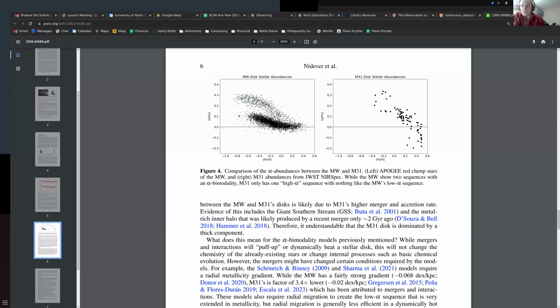We say it has a low level of star formation or an inactive star formation history. On the other hand, the high alpha sequence happens because you get a very sudden burst of star formation with not much lag in between one star forming from the next. It seems like M31 had this burst, but then it didn't have this continuous low-level star formation that the Milky Way seems to be dominated by.